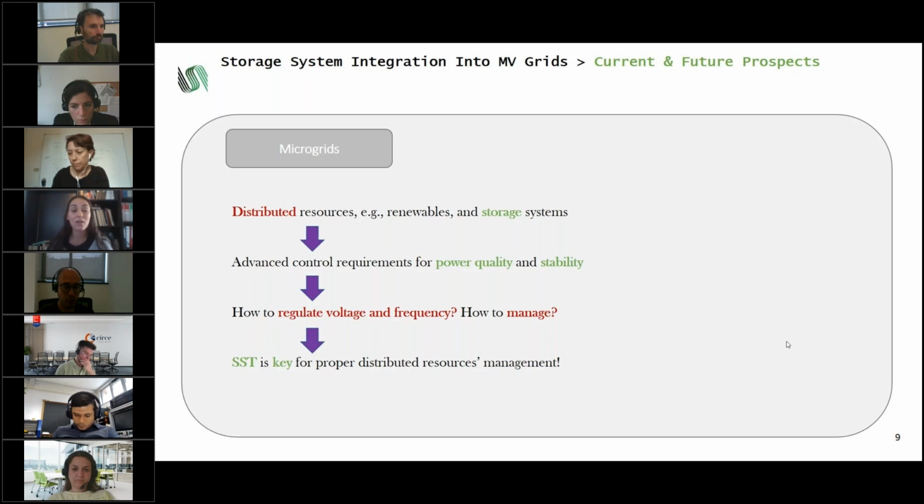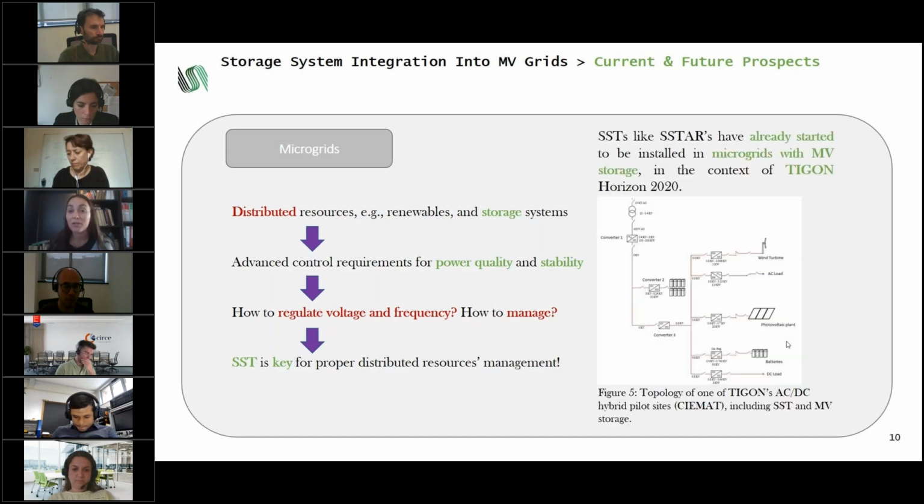Once again, the SST is the answer for proper distributed resources management. For example, here you can see one SST, really similar to STAR's SST, made by Thirte, that has already been installed in a microgrid with medium voltage storage in the context of Tygon, which is a Horizon 2020 project.